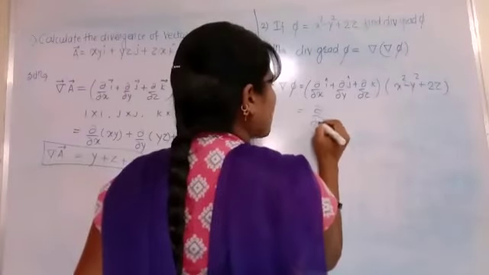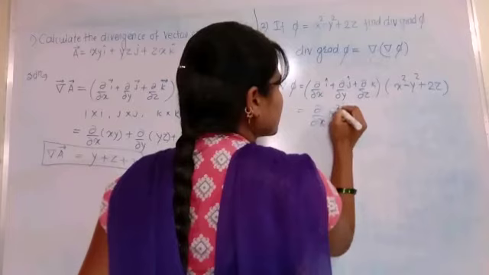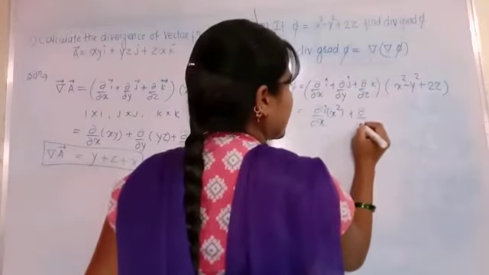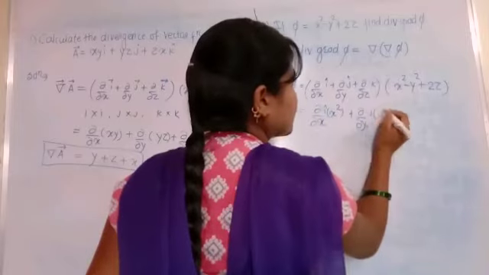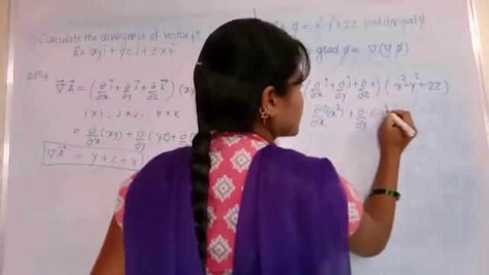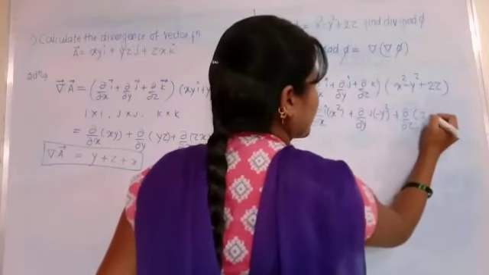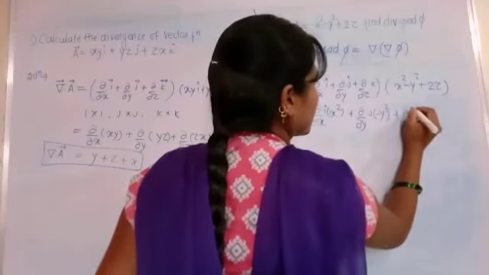del by del x of x square, plus del by del y of minus y square, plus del by del z of twice z and vector k.